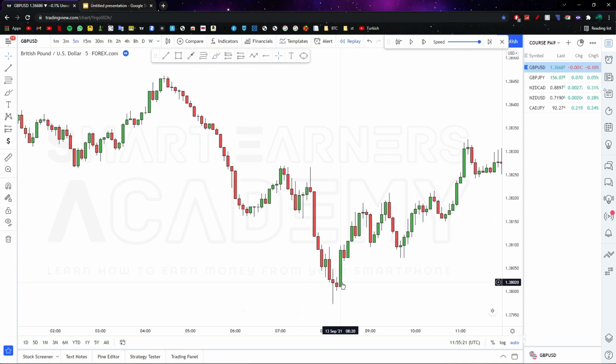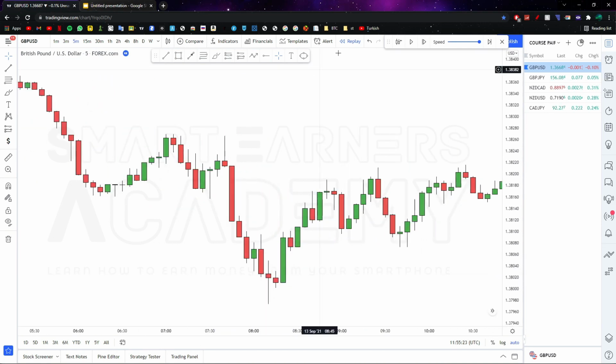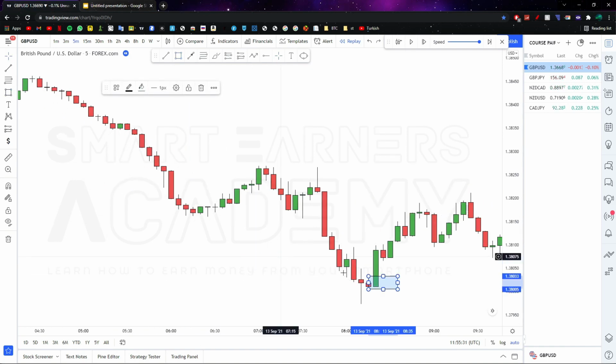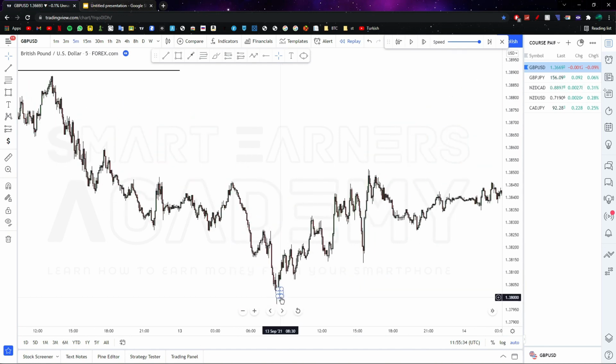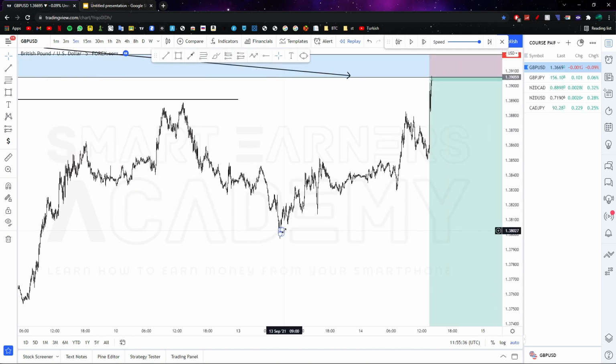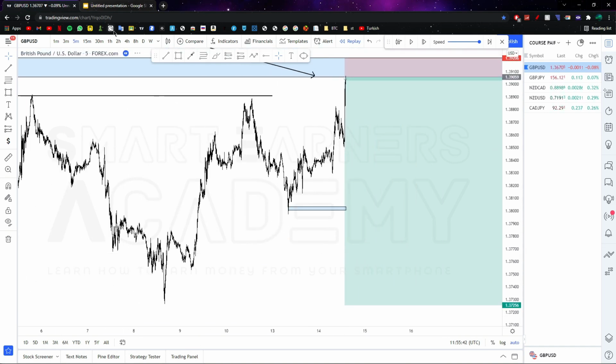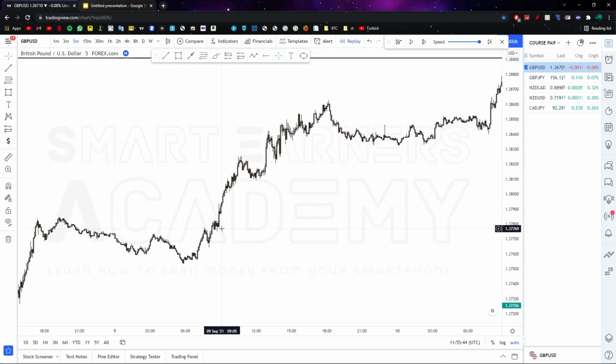Yeah, so I'd say potentially something here. There could be a potential order block within there. You don't have to be too precise since we're only using it as a take profit. And so that's where we can set one of our targets.